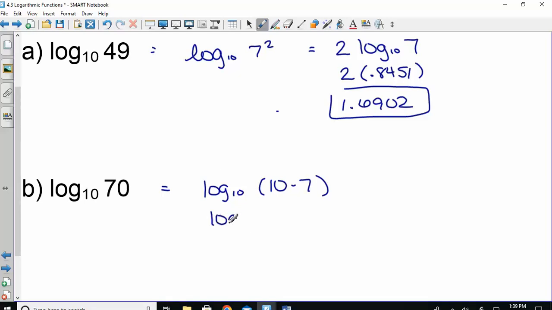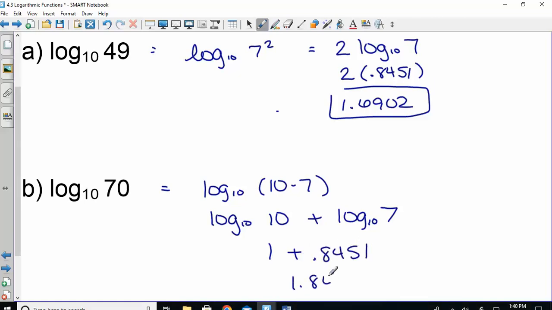We can do the property of logs and say that's log base 10 of 10 plus log base 10 of 7. Right, log base 10 of 10, I didn't give that to you in the directions, but we should know that. It's like saying 10 to what power equals 10? 1. So we get 1 plus 0.8451, so 1.845.